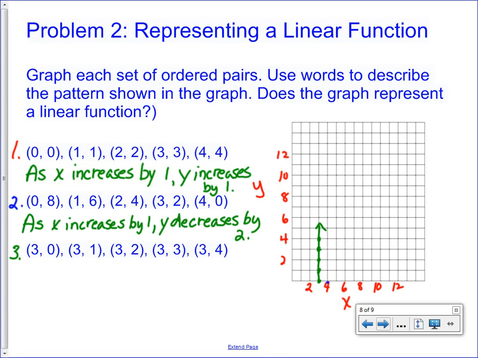All right, so y can vary, but x does not vary. So x stays the same, and y can be anything.